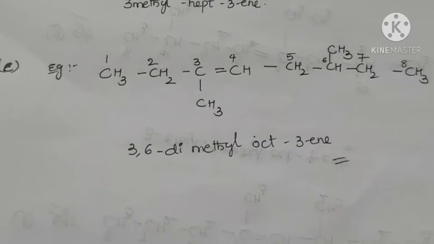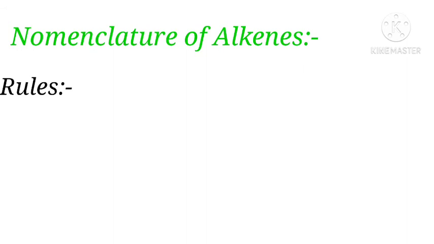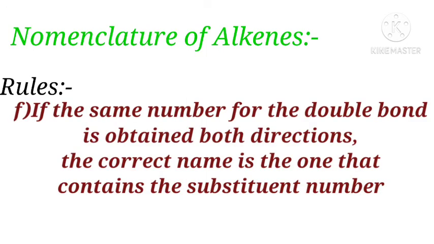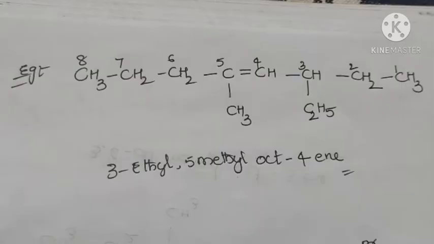3,6-dimethyloct-3-ene. And the next rule for naming alkenes is, if the same number for the double bond is obtained from both directions, what is the correct name for the following compound? If the same number for the double bond is present in both directions, the correct name is the one that contains the lowest substituent numbers, like 6-ethyl, 4-methyl octene, because in the lowest set of numbers, ethyl is first in alphabetical order.